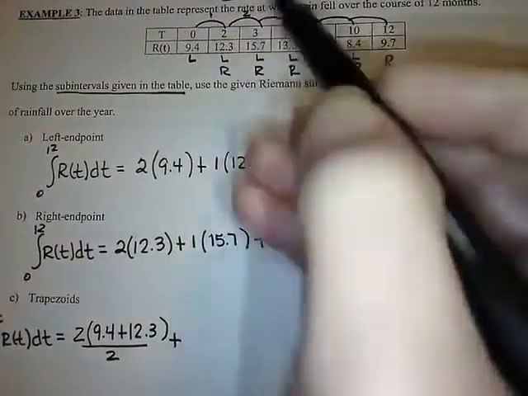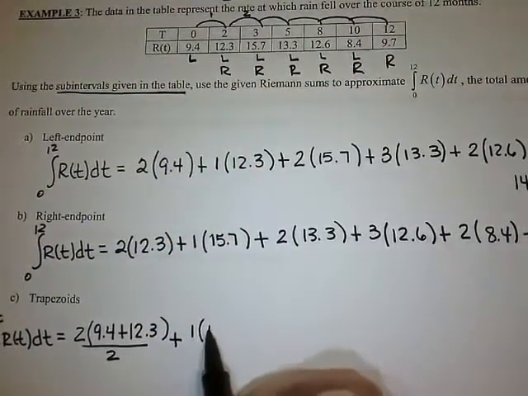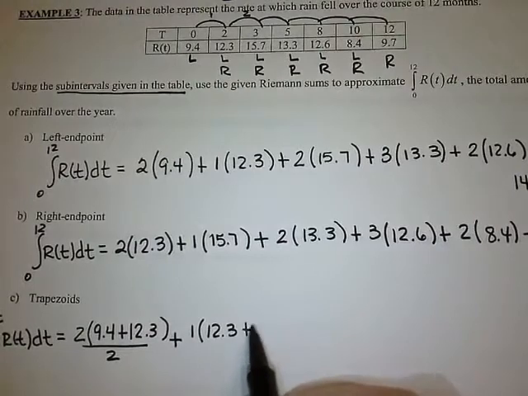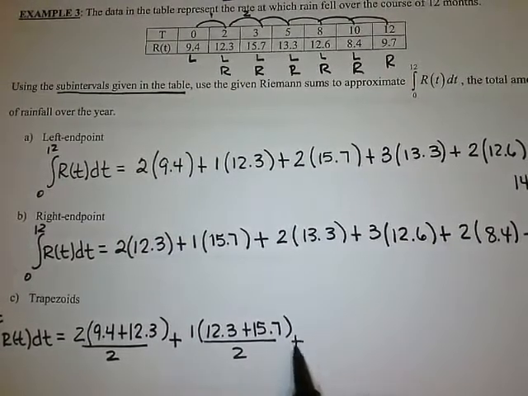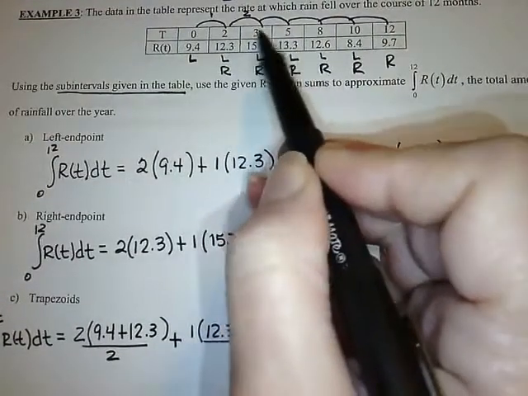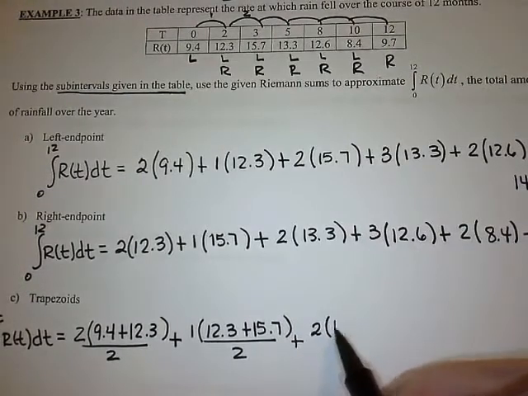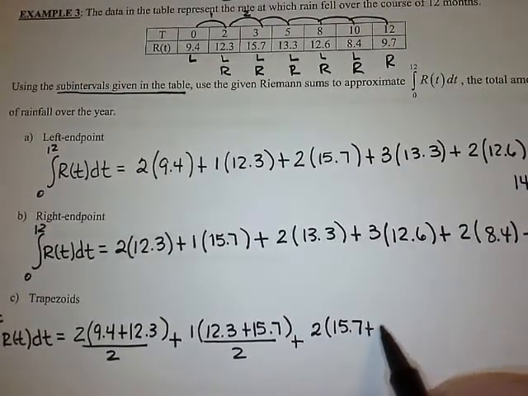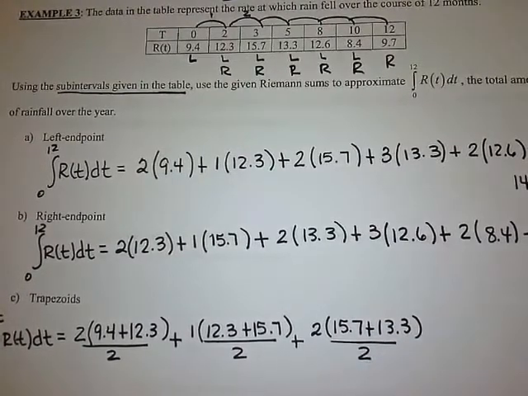Then I have trapezoid 2, which has a height of 1, and I have 12.3 plus 15.7 all over 2. Trapezoid number 3 has a height of 2, and it has a base of 15.7 plus 13.3 all over 2.